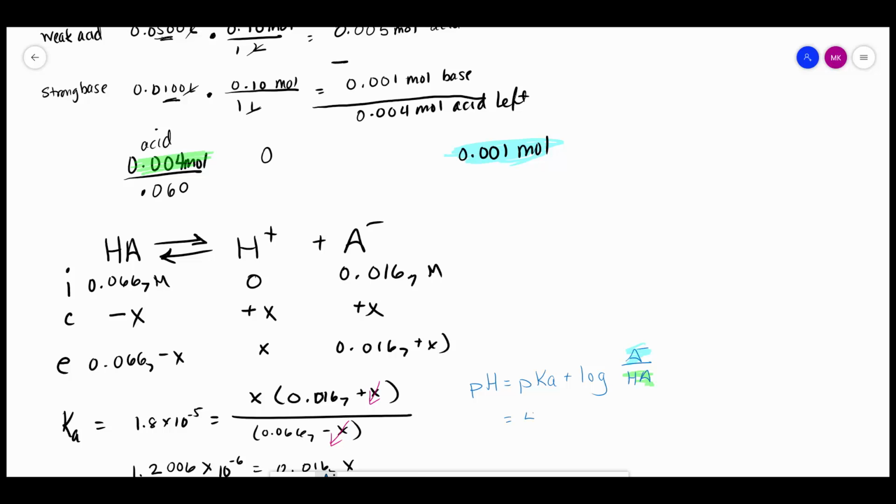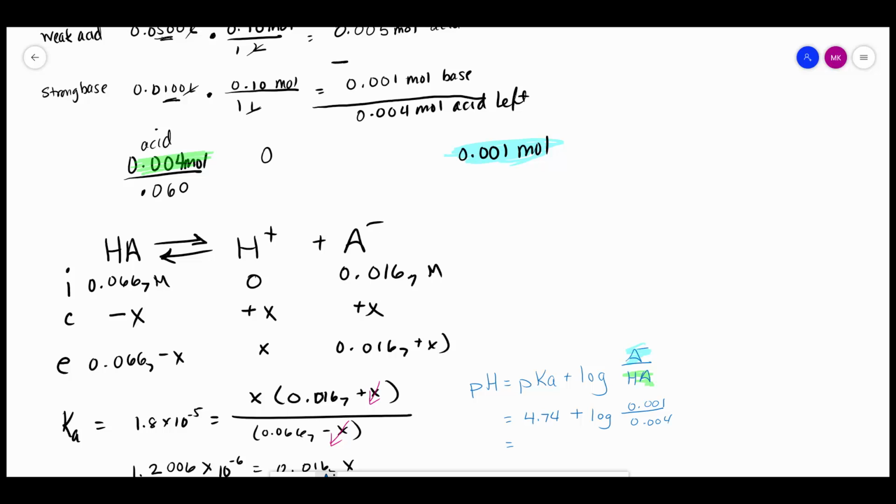So the pKa is 4.74. Remember, to find the pKa, you take the log of the Ka value, 1.8 times 10 to the negative fifth, and drop the negative sign. So 4.74 plus the log of the ratio of the conjugate base, 0.001, over the weak acid, 0.004. I should probably do this stepwise as well.